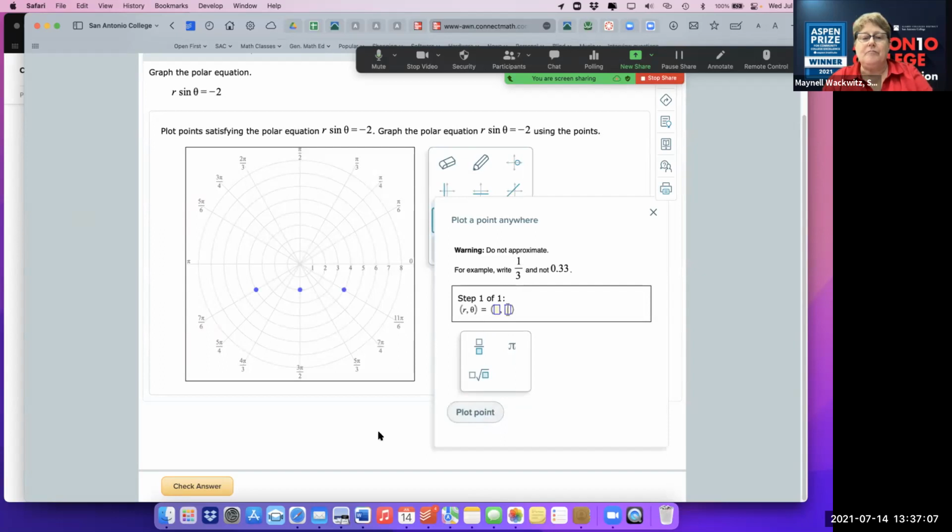And I don't want to do pi. We don't want to divide by a negative. Divide by 0. Let's see. Let's do 7 pi over 6.